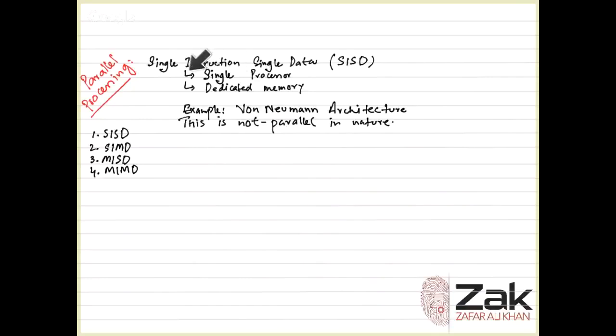So when one single instruction, as we have done in AS, is referring to one data item or its memory address, it is called single instruction, single data. Example is von Neumann architecture. This is not parallel in nature. It is not parallel at all. It is part of Flynn taxonomy, so it is appearing in parallel processing.